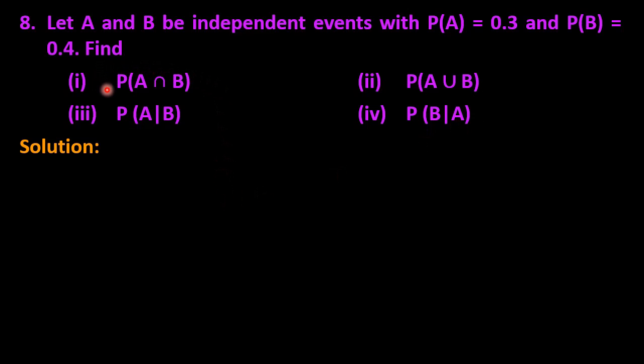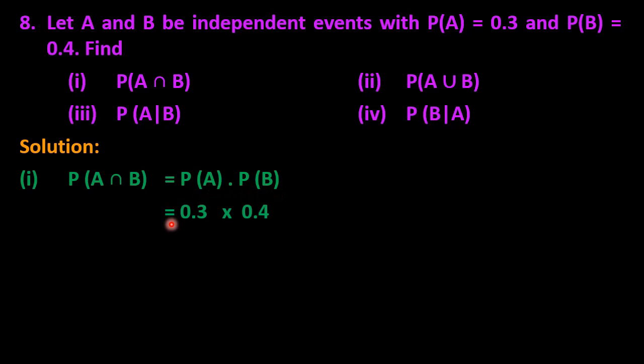So first we need to find P(A intersection B). So for independent events A and B, the formula is P(A) into P(B). So after replacing the value of P(A) and P(B) here, and after multiplying, we will get 0.12, which is the value for P(A intersection B). And then we need to find P(A union B).